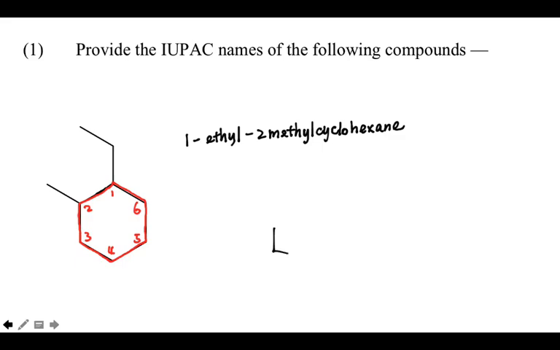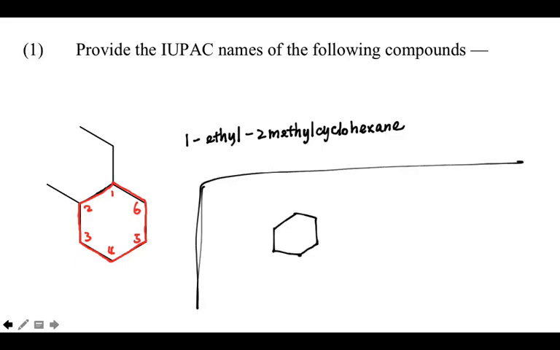So for instance, something like this. Let's make up another example. If you had something like this, how would you number it? You would start down here with 1. You go 1, 2, 3, 4, 5, 6. Why? Because if you number it this way, you get 1,1-dimethyl, or sorry, actually it would be named differently, right?